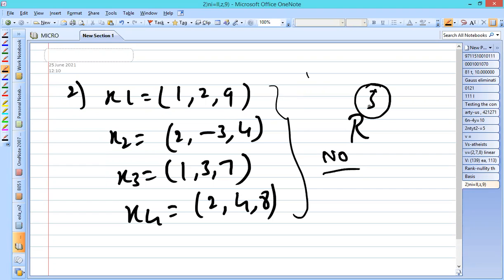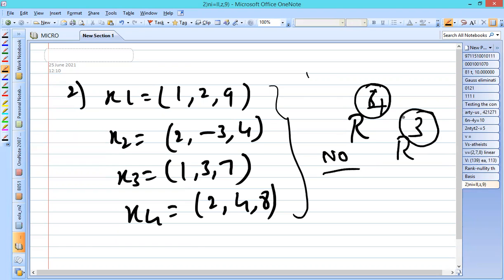Suppose you ask R4, then you can say yes, it is going to form a basis. But since we are asked for R3, it should consist of only 3 elements. So a basis in R3 must contain exactly 3 elements. So you can say that x1, x2, x3, x4 do not form a basis in R3. Clear?